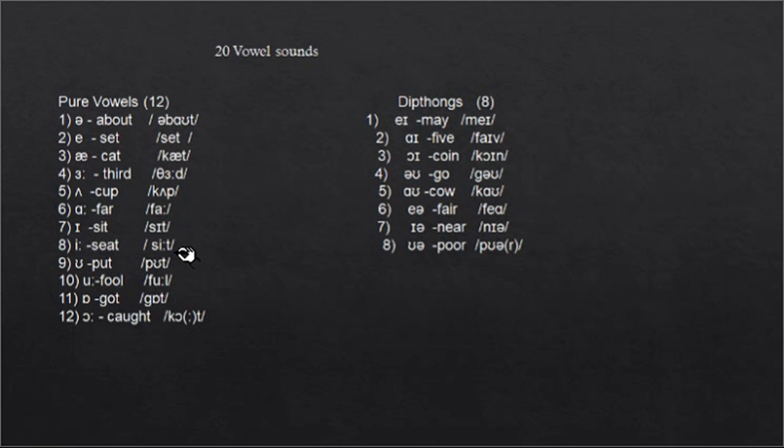In this slide I have made an easy series for you so that you can learn these symbols easily. In Hindi, we have a single a sound. In English, we have five a sounds, but with different pronunciation.